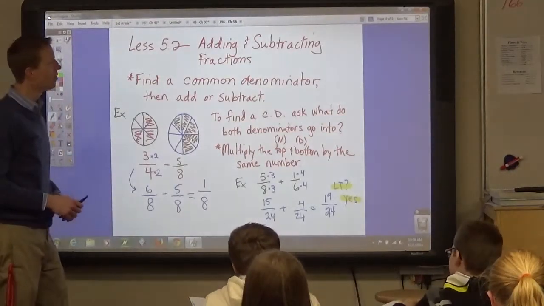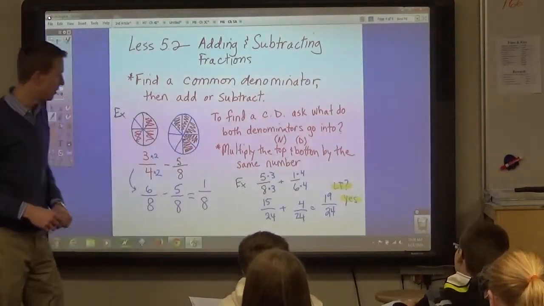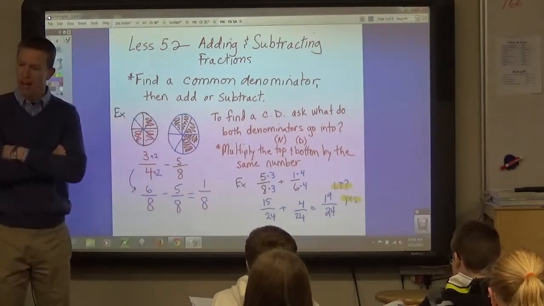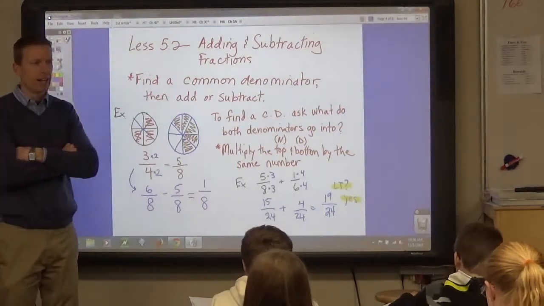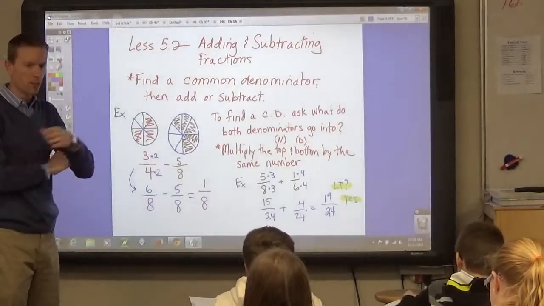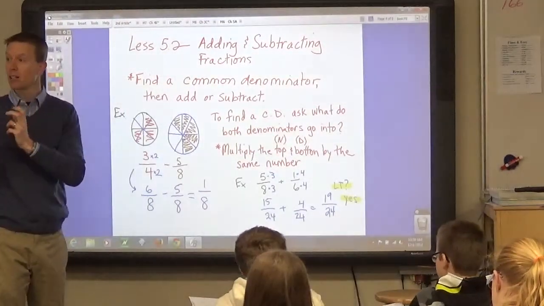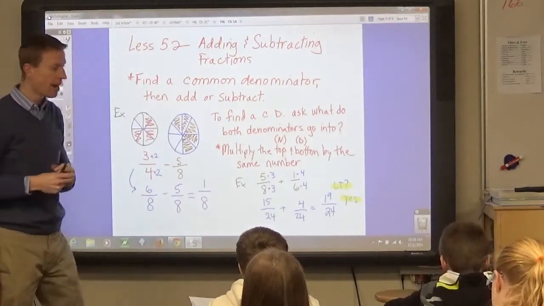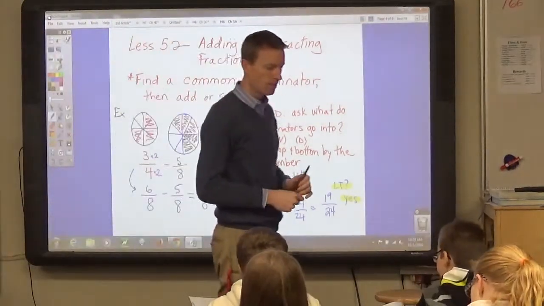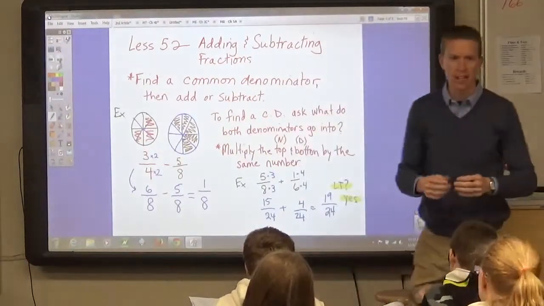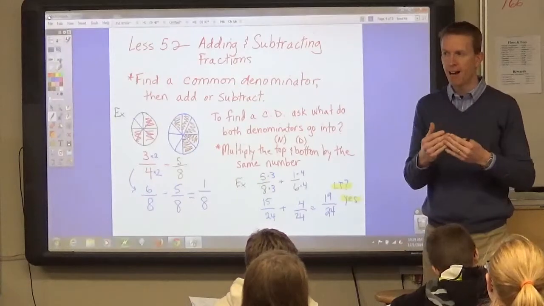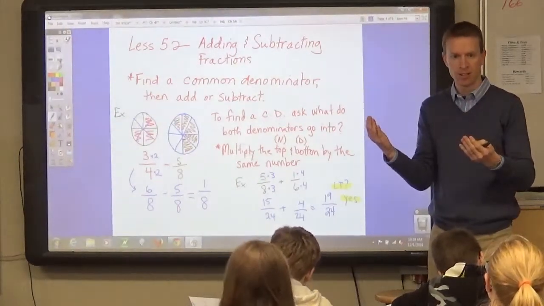Then we went to adding and subtracting fractions. When you're adding and subtracting fractions, you have to have a common denominator, because the denominator tells you how big the pieces are. Okay? You can't take away fourths of something if you only have it in halves.